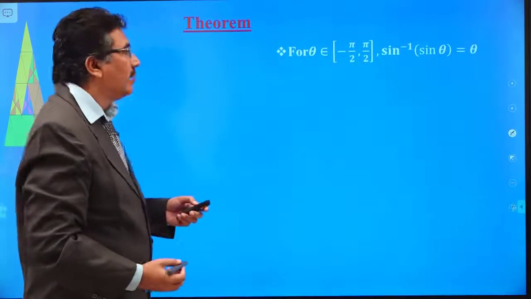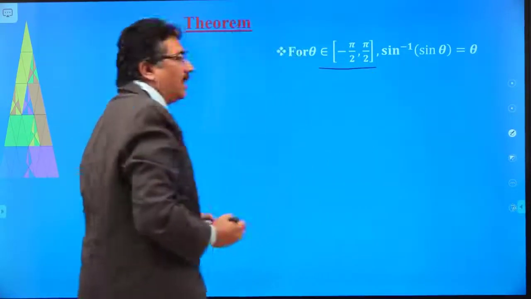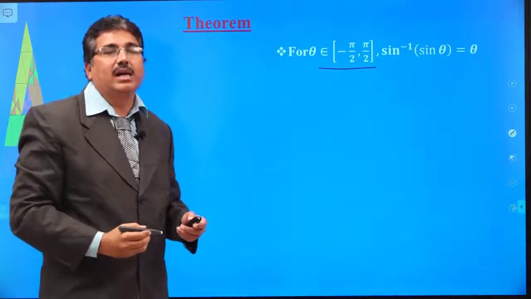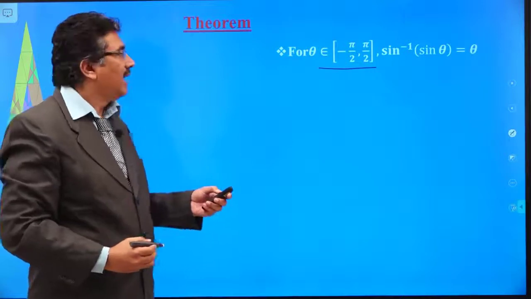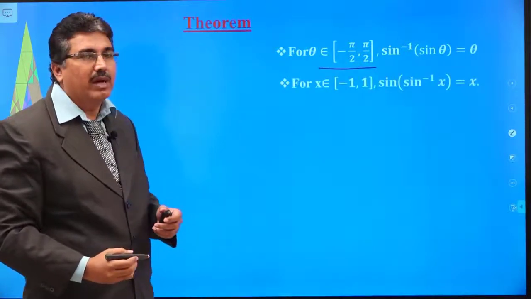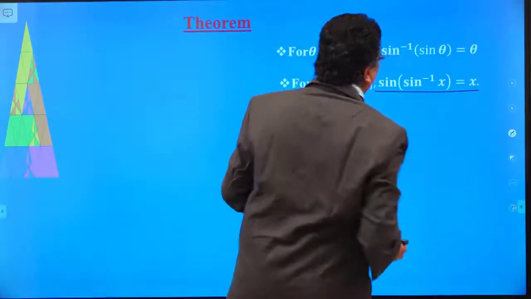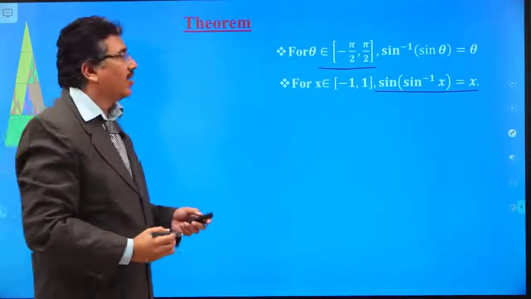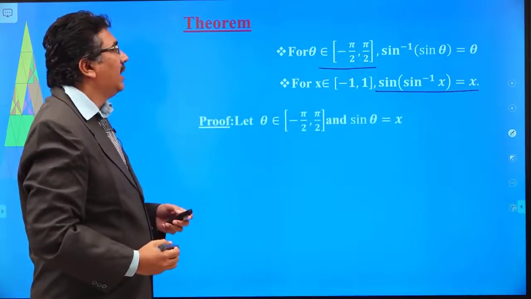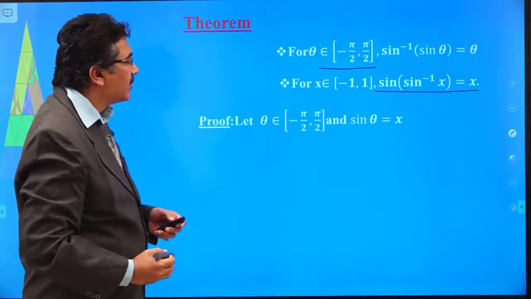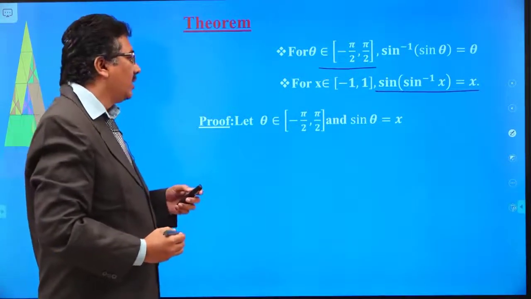For theta belonging to the closed interval minus pi by 2 comma pi by 2, the value of sine inverse of sine theta is equal to theta. For x belonging to the closed interval minus 1 comma 1, sine of sine inverse x is equal to x. Theta belongs to the closed interval minus pi by 2 comma pi by 2 and assume that sin theta is equal to x.